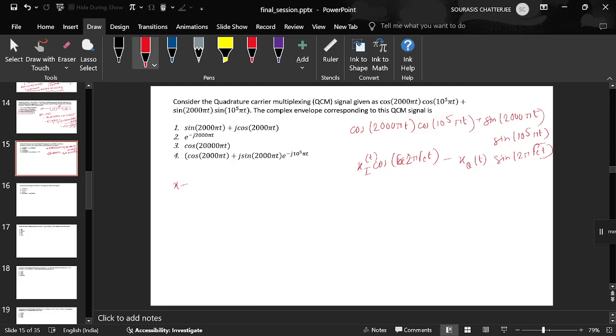So comparing, we get that the in-phase part is cos 2000 pi t, the quadrature part is minus sin 2000 pi t. So what is going to be the complex envelope?